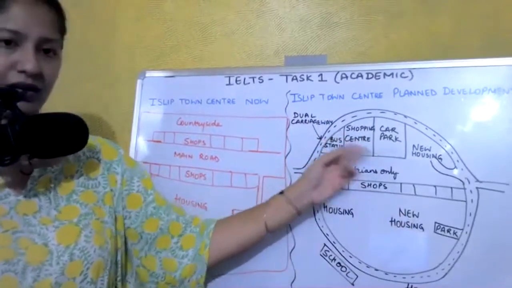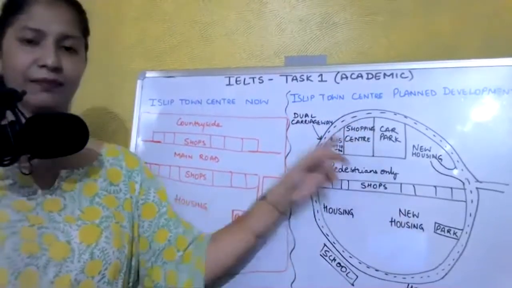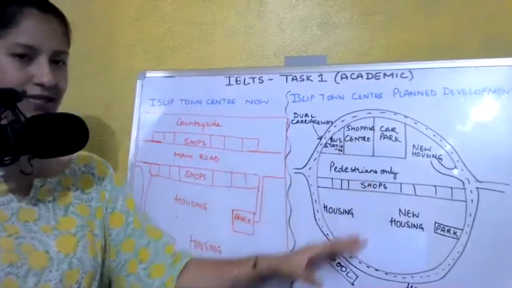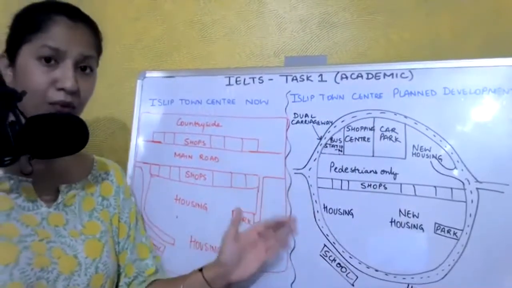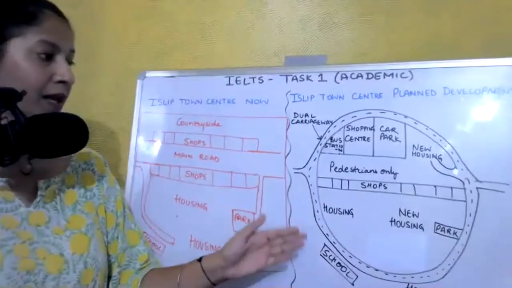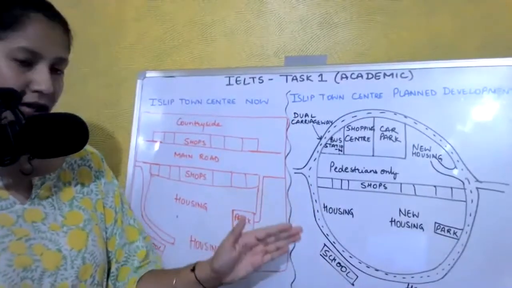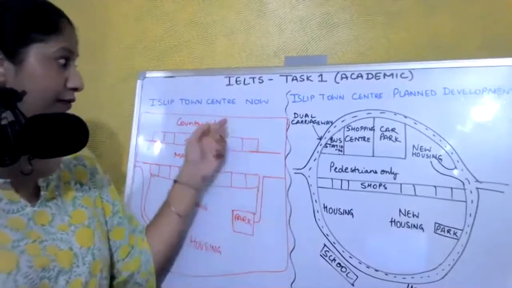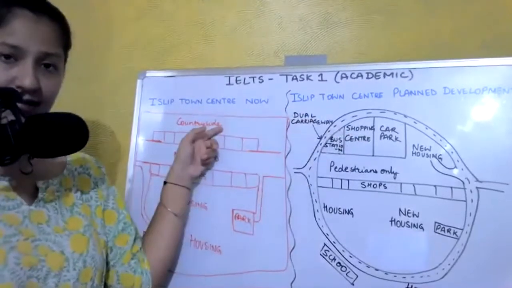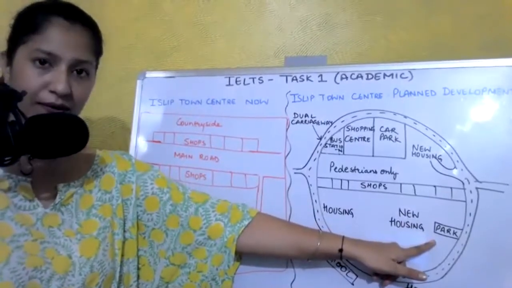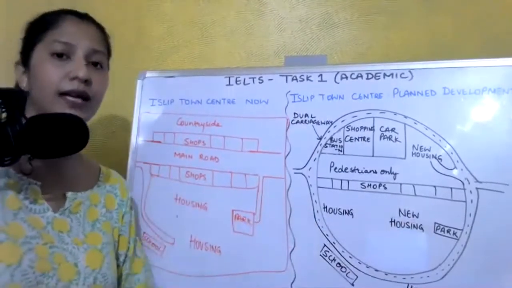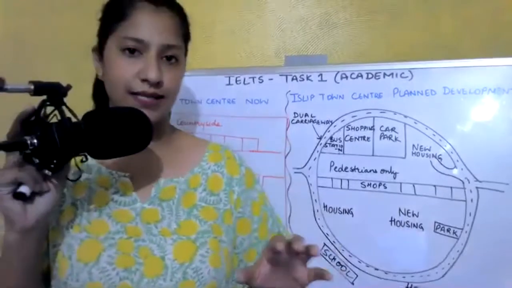Because I've already written about the bus, shopping center, car park, I won't list them again. A lot of advancements can be seen which can be a boon for the general public, but it comes at the cost of losing the countryside and reducing the size of the park. That's all. And you're done with your task one.